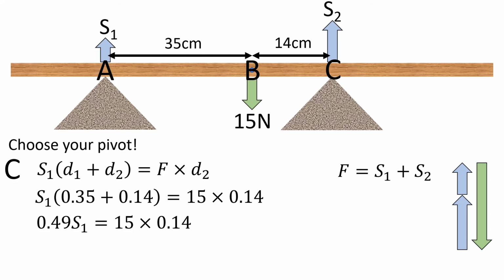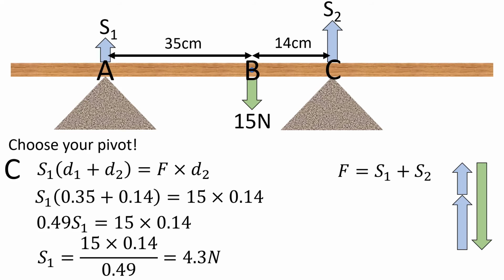Let's make S1 the subject of the formula, and that gives us 4.3 newtons. And then finally, if we want to find S2, we can substitute in the numbers where we find 15 equals 4.3 plus S2, so therefore S2 is 10.7 newtons.